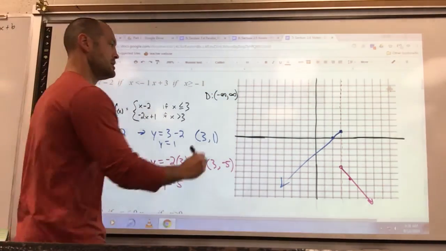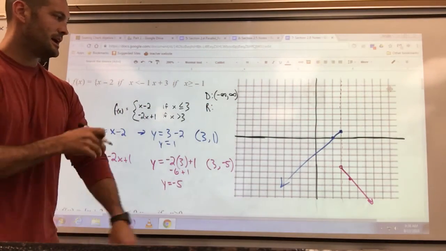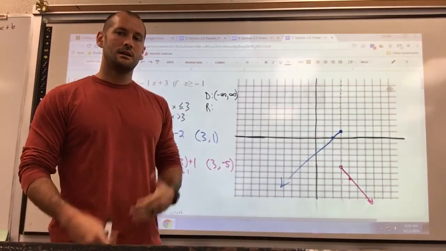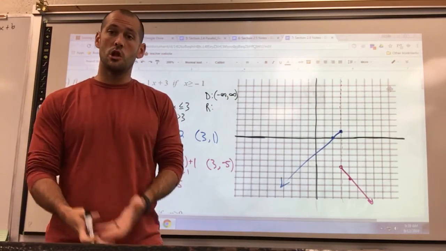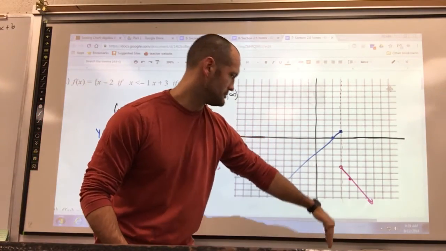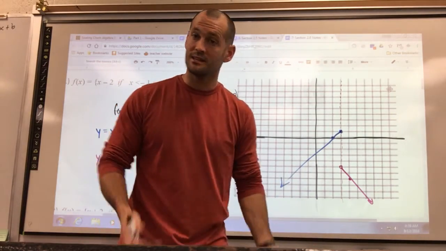Now, your range, your y values. Now this one varies a lot from function to function. If you'll take a look, range being y values up and down, when you do interval notation, you want to look at smallest to largest value. Well, both of these are heading down south, okay? So they will not stop as they approach negative infinity. That's the good news.